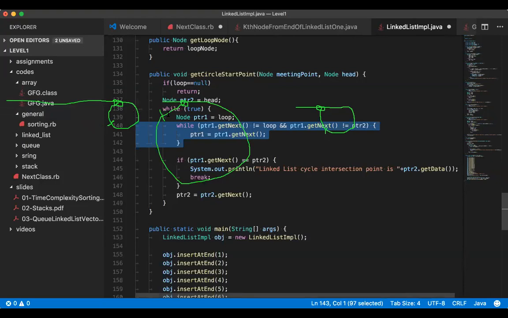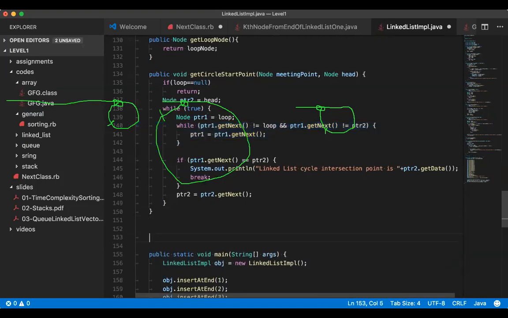So prior to this, what we talked about is how we are finding the circle: we are moving one pointer with a speed of 1 and another with a speed of 2. So wherever they meet, this point of intersection, this point of meeting, there is something special about it. So forget about this case.